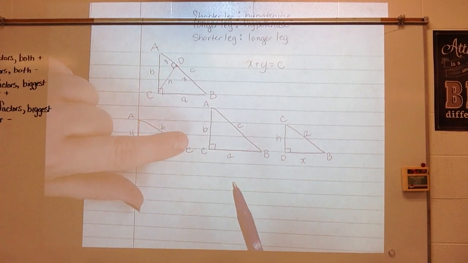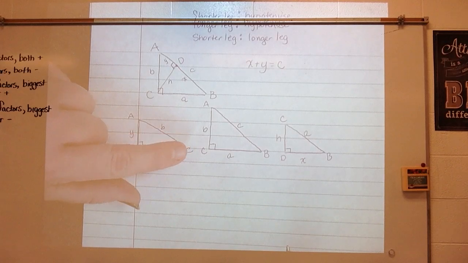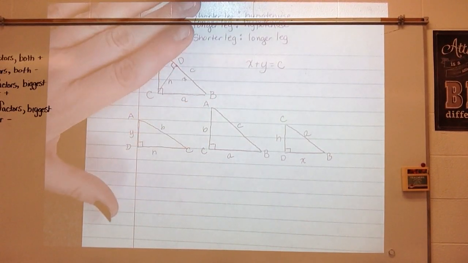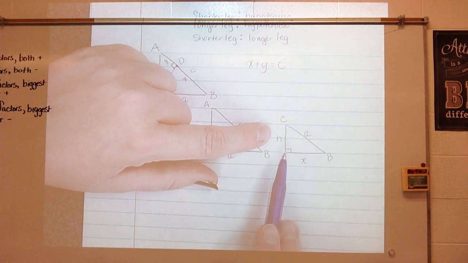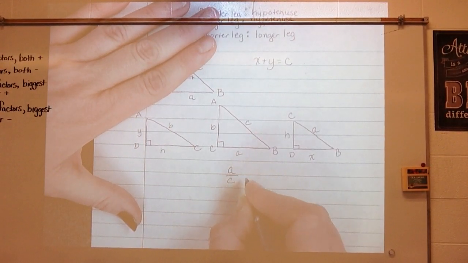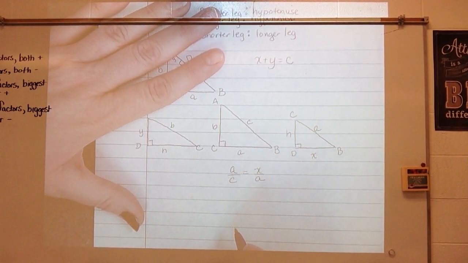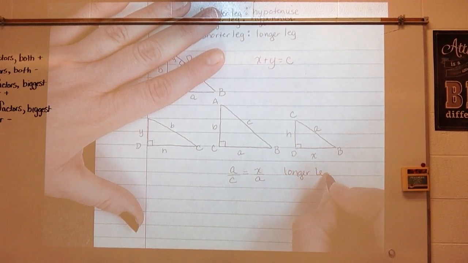Alright, so let's look at our longer leg, and that is X and A. So we can put this one over top of this one. We'll do A over C as our hypotenuse is equal to X over A. So here we're doing longer leg to hypotenuse.